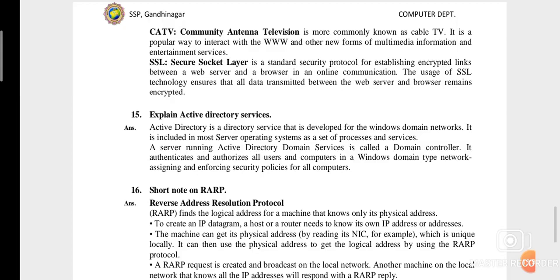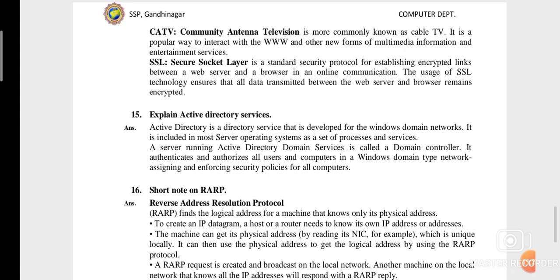A server running Active Directory domain services is called a domain controller. It authenticates and authorizes all users and computers in a Windows domain type network, assigning and enforcing security policies for all computers.